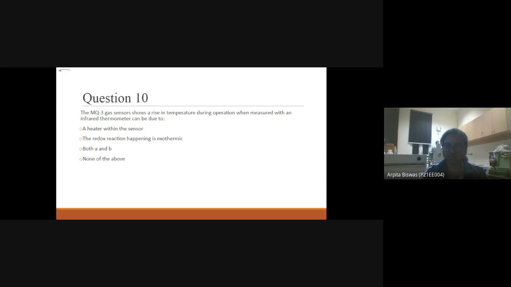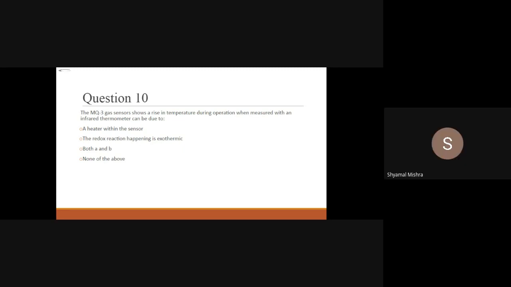Some heat is generated. If we want our sensor to run accurately, we add a micro heater within the sensor, or sometimes a redox reaction happening there increases the temperature, as it is exothermic, so some heat is generated. This is what it is telling about.